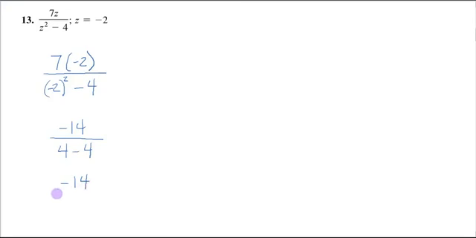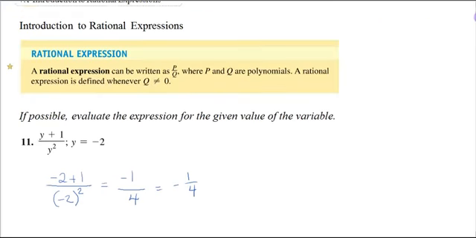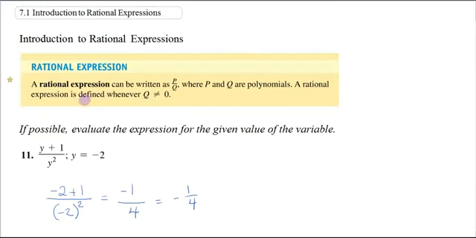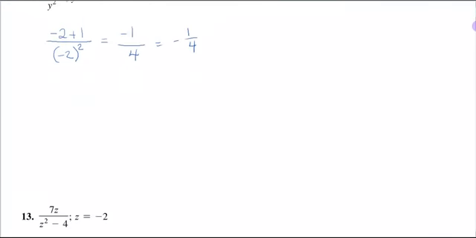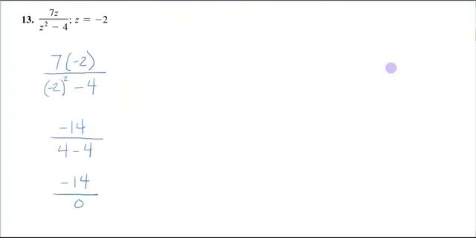So negative 14 over 0. Okay. Up in our definition, it said that a rational expression is defined whenever the denominator is not 0. We have put in a value for z that makes the denominator 0. That means that this expression is undefined.